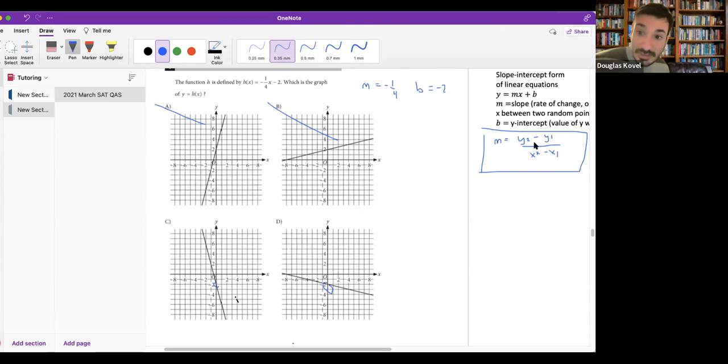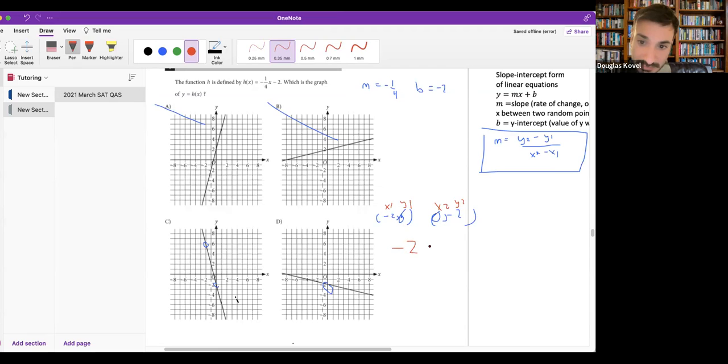So the first way would be simply to use this formula, y2 minus y1 over x2 minus x1. If I were to pick a random point in number 1, like (-2, 6), and then use (0, -2), so this is for choice C, and find the slope, I'm just going to label the points x1, y1, x2, y2.